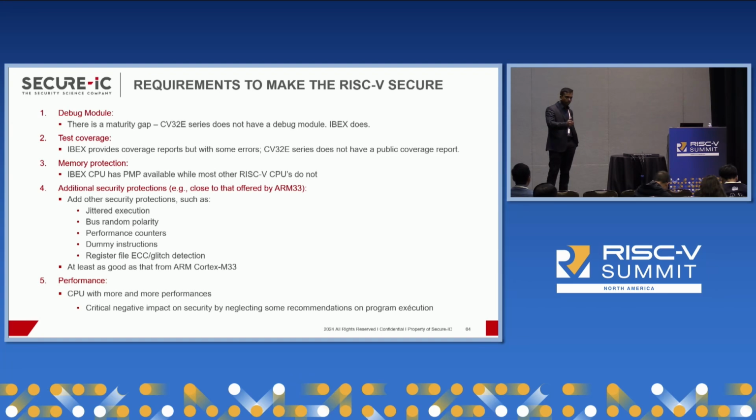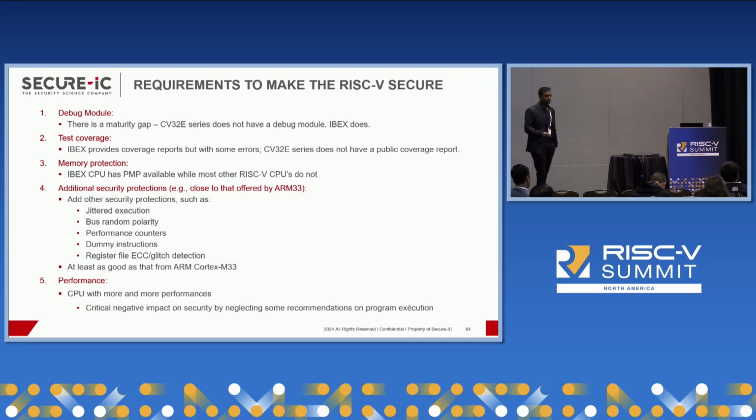Register level ECC can be implemented, as well as glitch detection. You have IPs to protect you against glitch attacks: digital sensors, and even Active Shield can be one of the IPs that you can implement on top of your silicon, to protect you against glitch attacks.